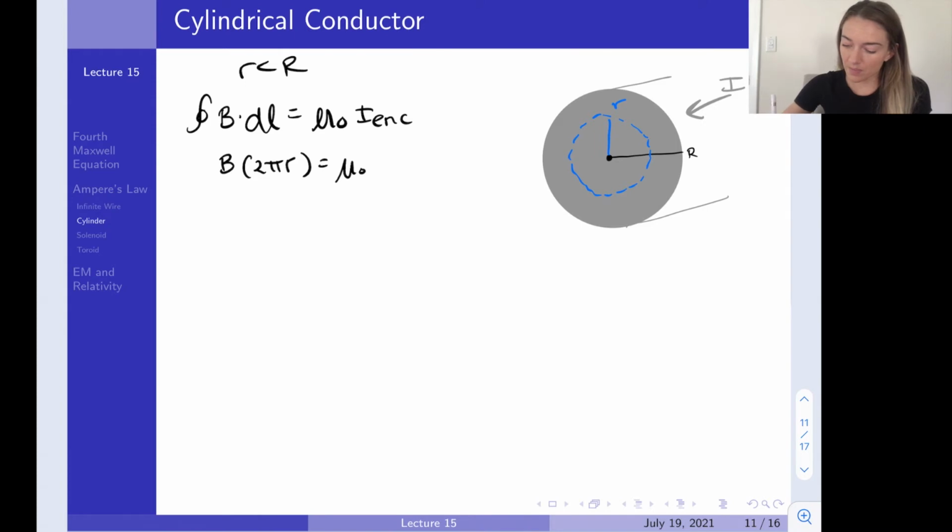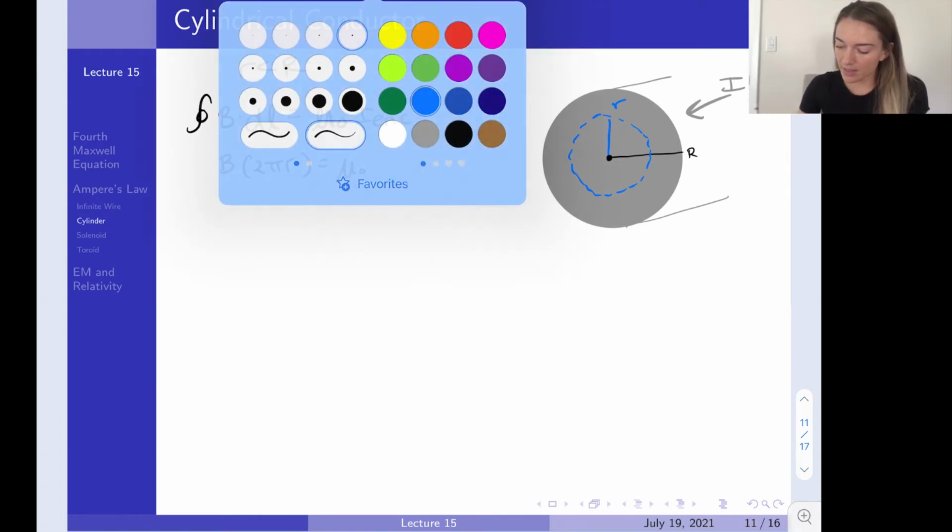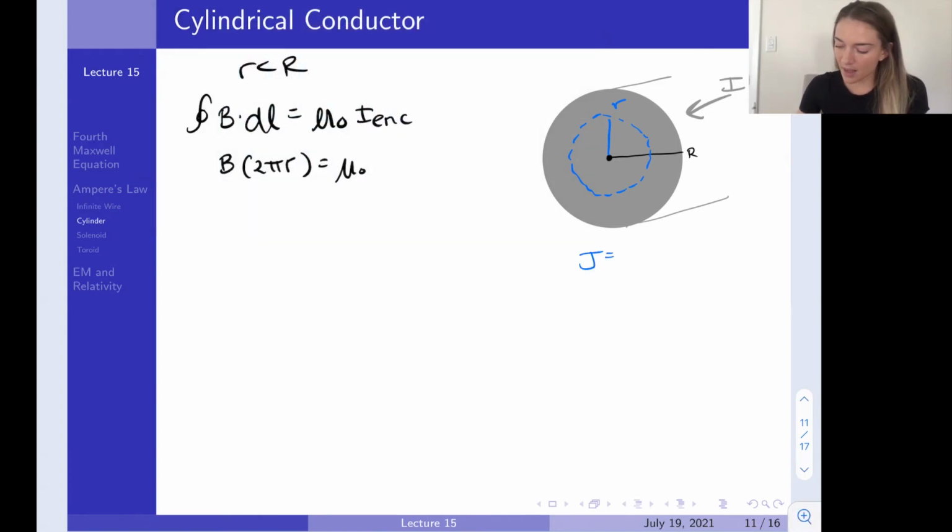So remember that the current density is I over the cross-sectional area. My total current is I. The cross-sectional area is pi capital R squared. So my current density is I over pi R squared.